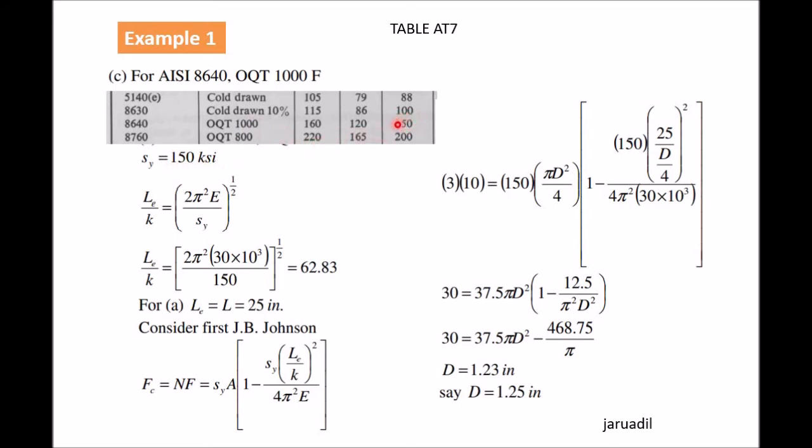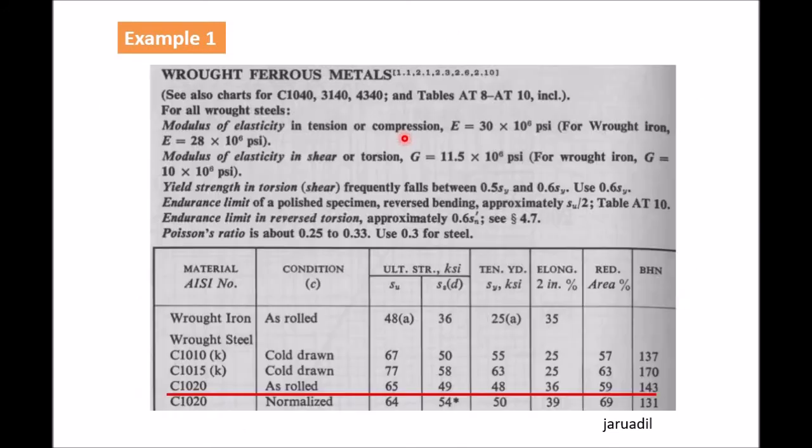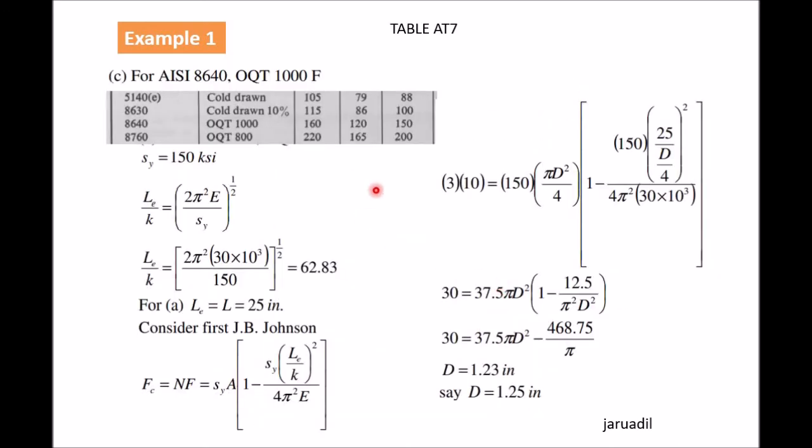Ito yan. Okay, ito yung SUSS, this is your SY, 150. So, kung babalik tayo dito, yan. Itong first column is SU, SS, the third column is SY. So, yan, SY is equal to 150.